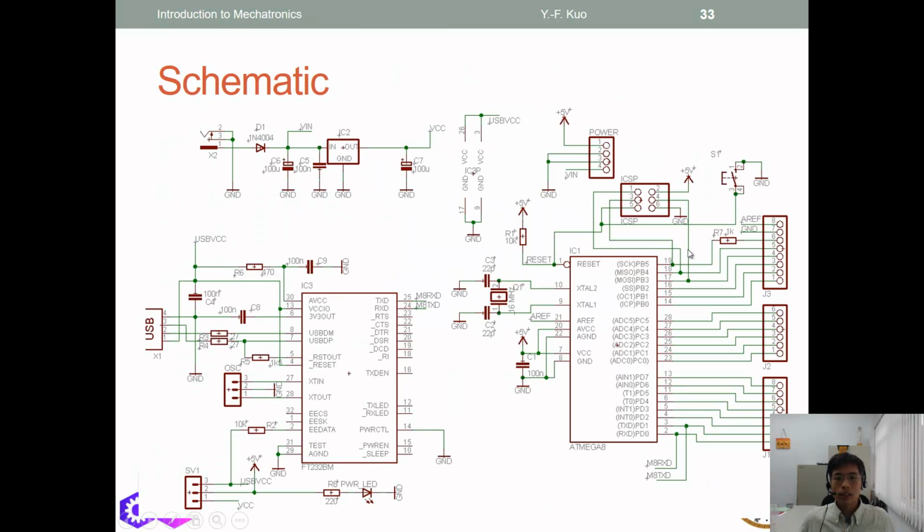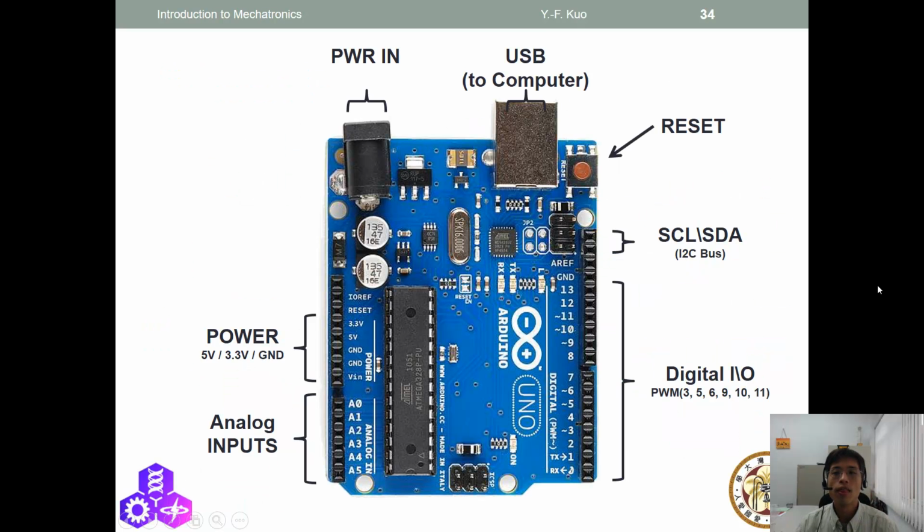And this is a schematic diagram of the Arduino. I'm not going to talk about the details. This is just for your reference. So let's look into the Arduino itself. Arduino has a USB socket that we can use to connect to the computer.